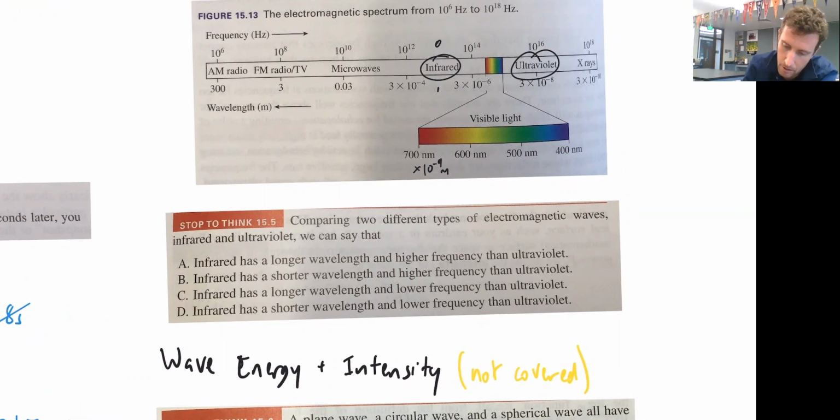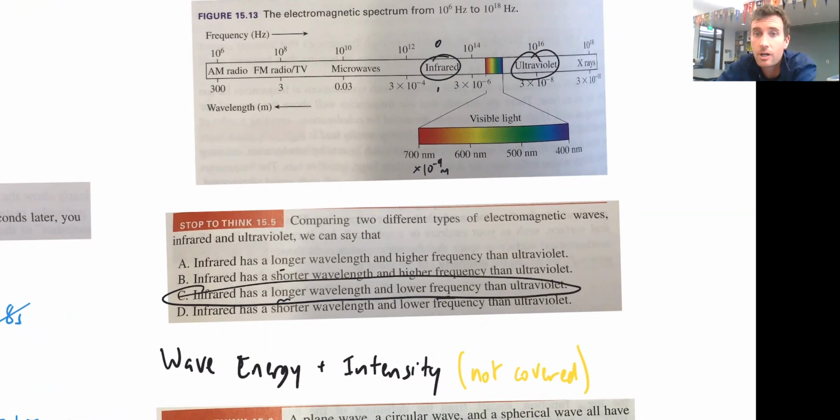So longer wavelength, lower frequency. So that'd be C. And that's just based on reading the chart and saying 10 to the 12th is less than 10 to the 16th, but 10 to the negative 4th is more than 10 to the negative 8th.